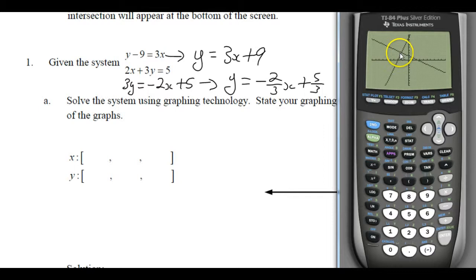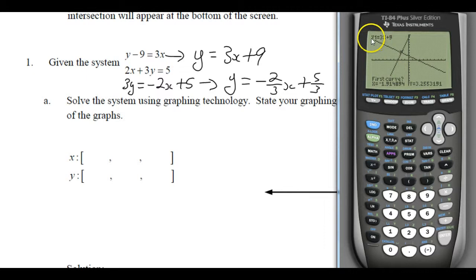Okay, so next step. Now what you want to do is find the intersection. Go second function and enter the calc menu. Number 5 is intersect. You can arrow down and press enter or just hit 5. First curve, you notice it's asking for that. I see my cursor up here. I'm going to use the left arrow key to move to about the point of intersection.